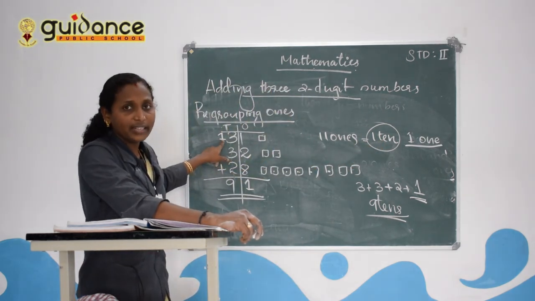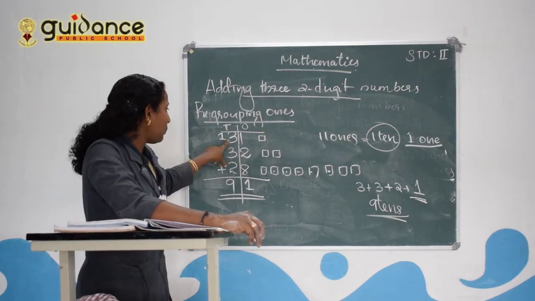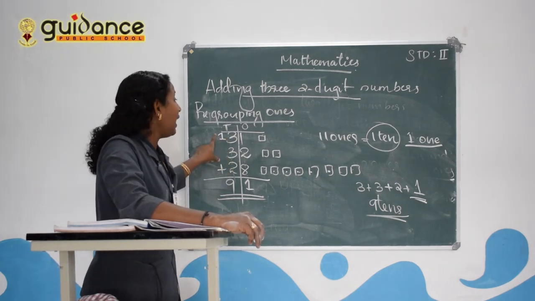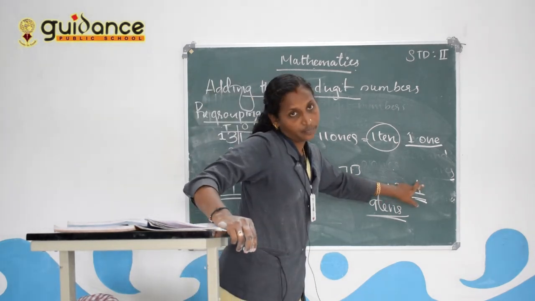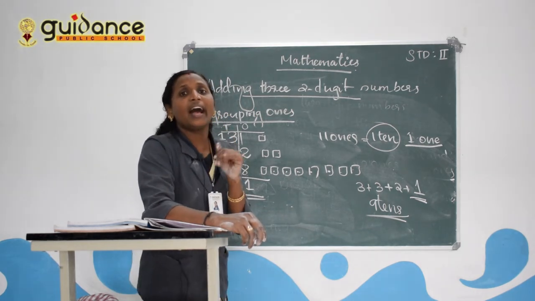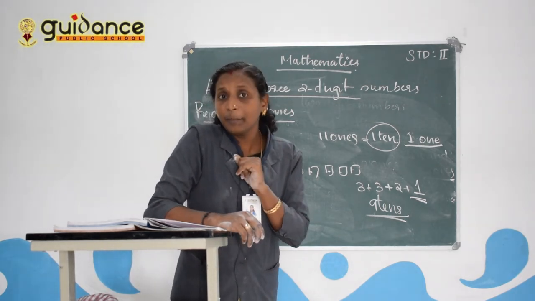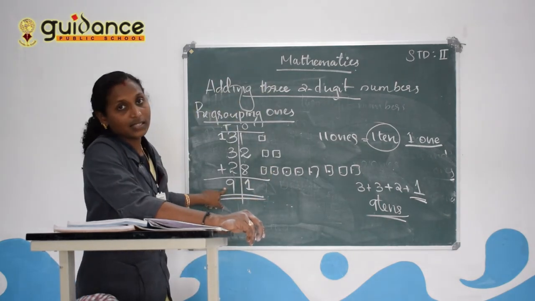Then add the tens: 3 plus 3 plus 2, then add the carried over. What is that? 1. That means 9 tens, and 9 is written in the tens place.